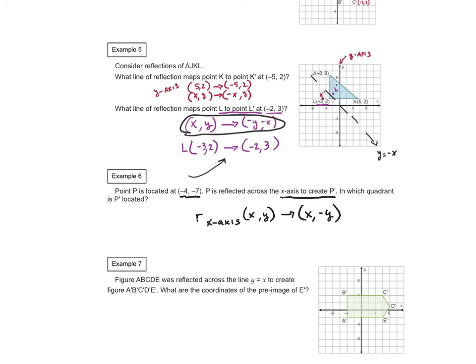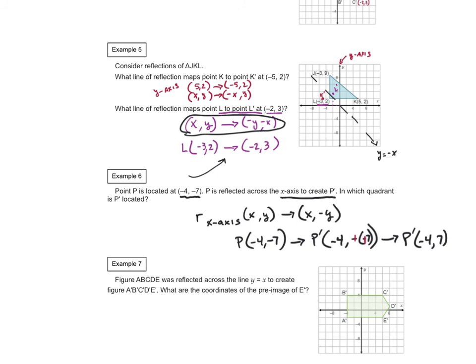So if I have point P, and it is negative 4, negative 7, when I map it, P prime becomes negative 4, and I would negate the negative 7, so P prime is going to be negative 4, 7, because a negative times a negative became a positive.